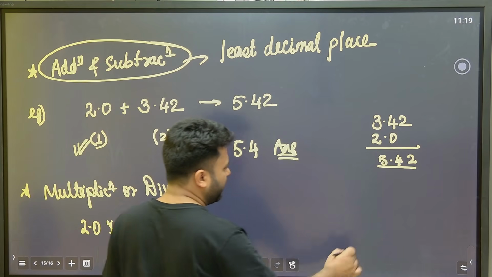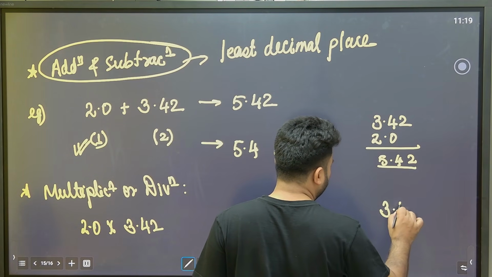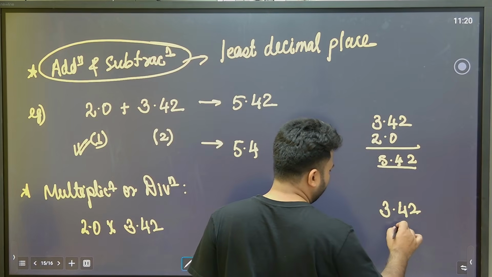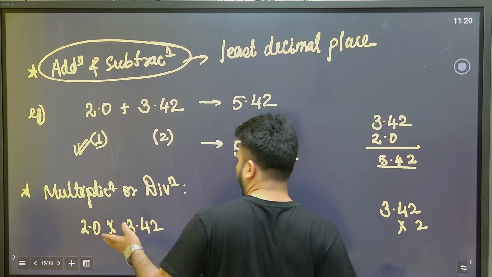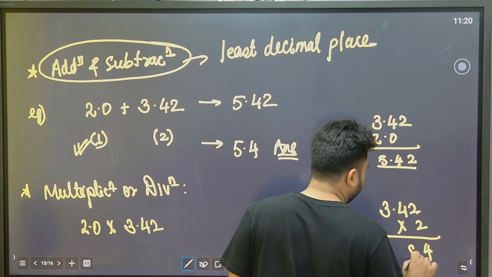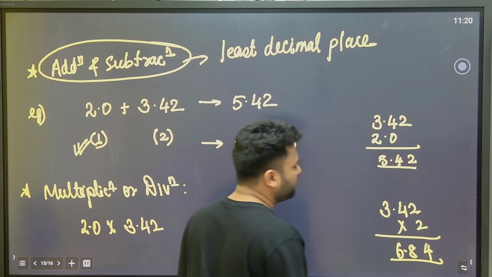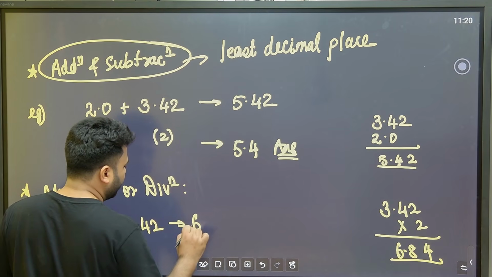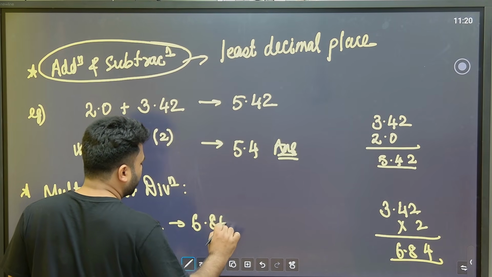First, you multiply 3.42 multiplied by 2, and we will write 6.84.